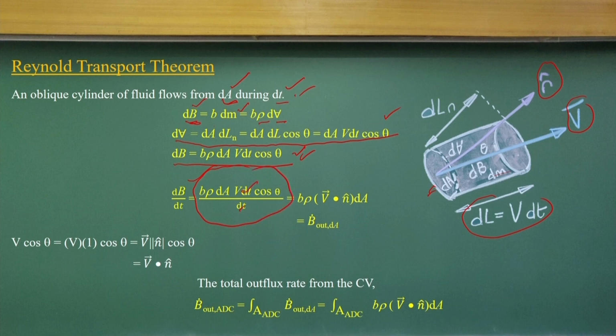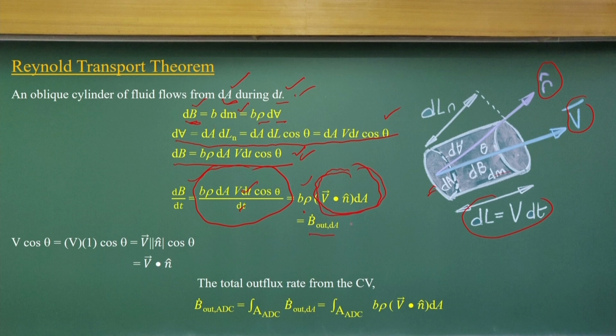And v dA cos theta is nothing else but the dot product of the velocity vector and the unit vector into dA, which is the outflux representation. We can represent it as b times rho, where rho is the density, times the dot product of the velocity and the unit vector dA.